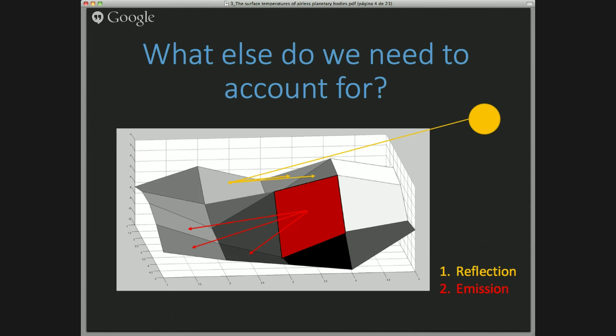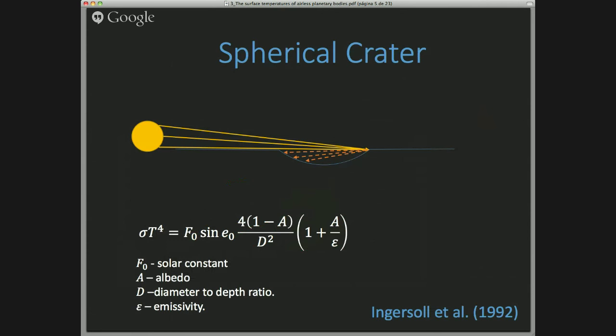And I think the first attempt to tackle this problem was made by Ingersoll in 1992. Ingersoll assumed there's a spherical crater with a certain depth to diameter ratio, 1 to 5 actually, and was able to plot the ray path in this spherical crater out of optical geometry considerations.